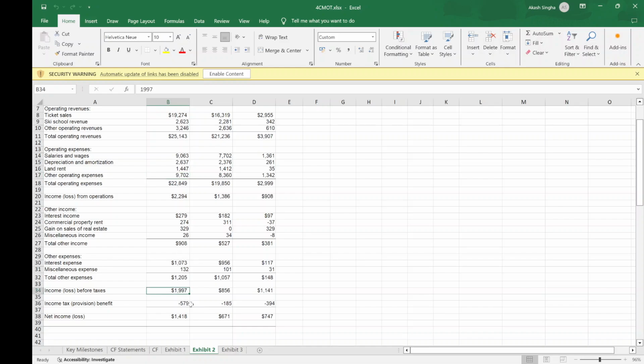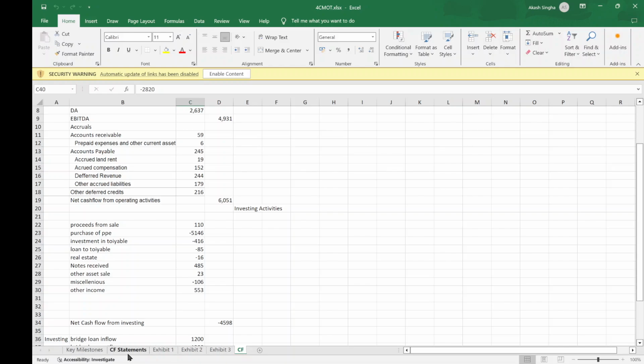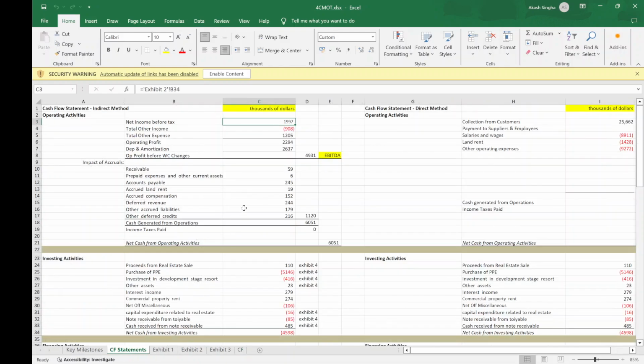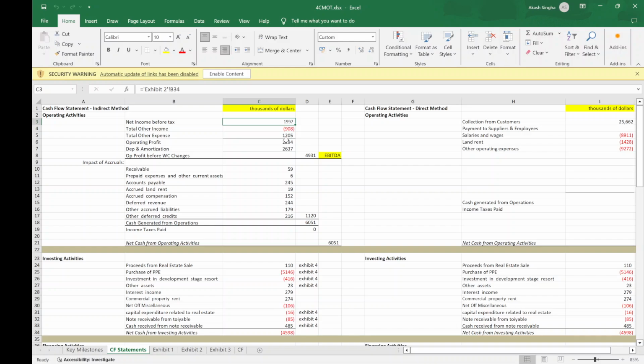the income before taxes, 1997, and from that add back the expenses and remove the other incomes, which is also given: total other income 908 and total other expense 1205, and we will get the operating profit.